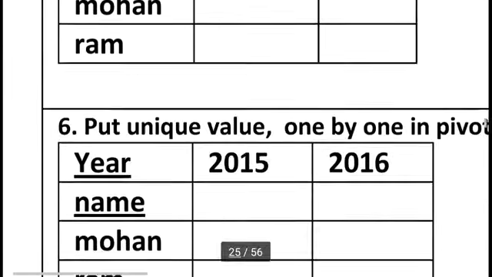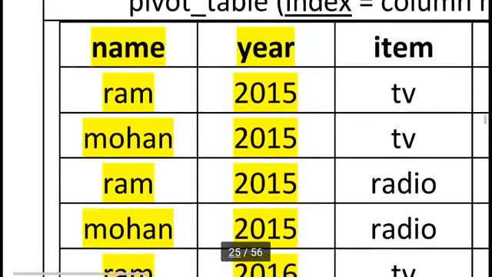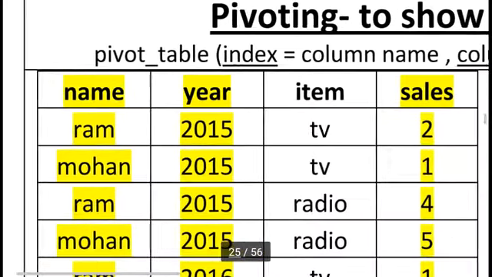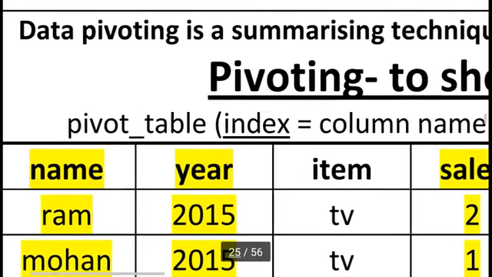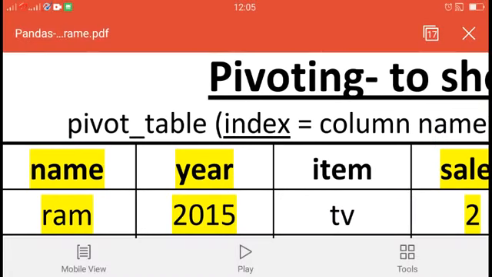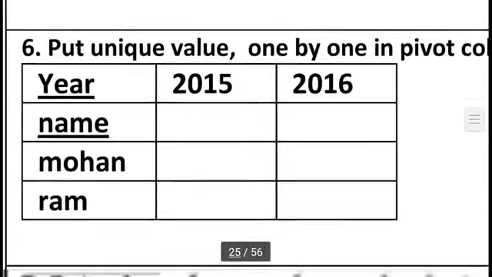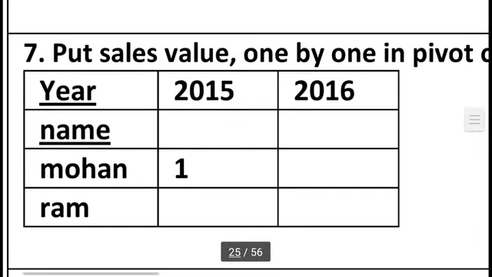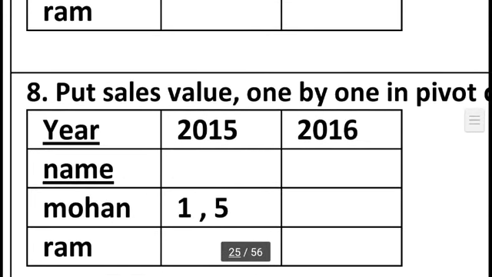So you can see the real table. You can see Mohan, 2015, sales is 1. So first we see this data, and then we put it here. Now second, Mohan in 2015, again the sales is 5.